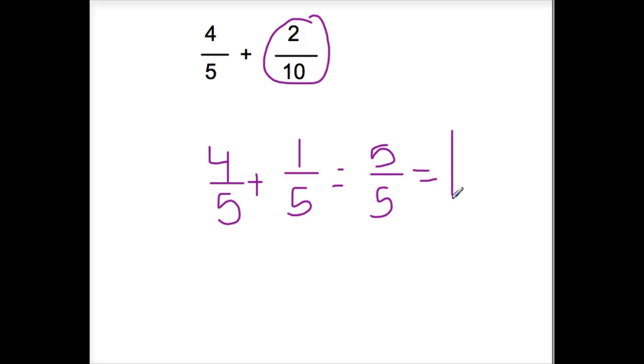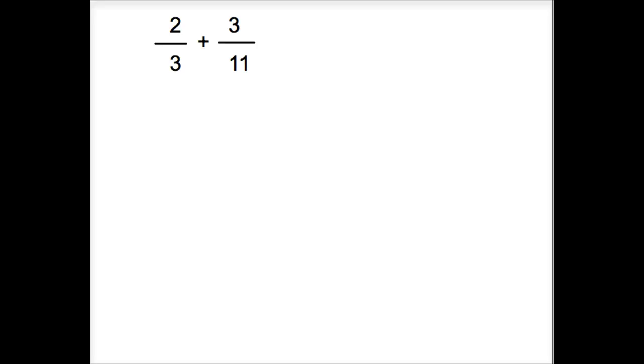So we have to look at the denominators and decide which strategy from class we're going to use. Let's try a few more problems.